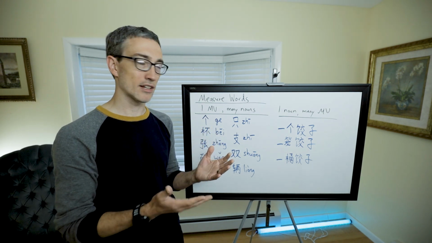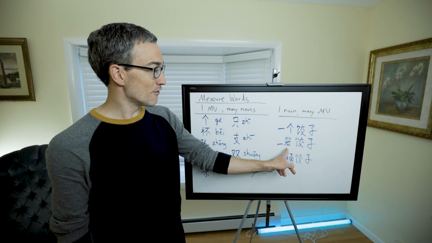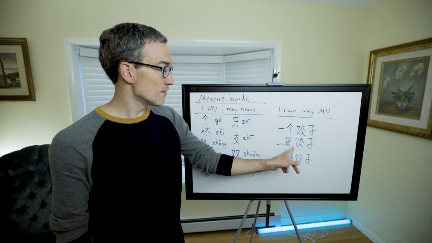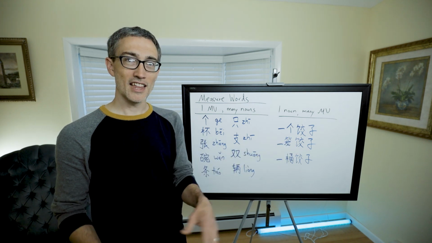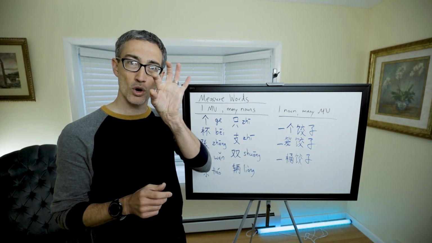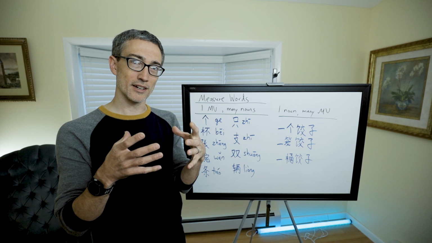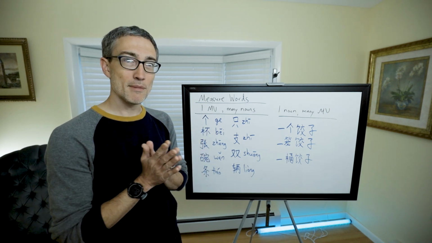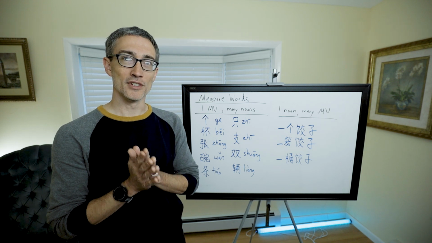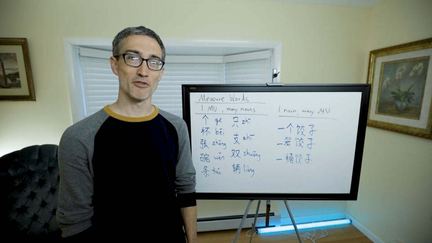But if you want to buy a 笼 of 饺子, but you don't know the measure word 笼, and instead you say 个, that would be confusing because you might end up buying one 饺子 rather than a serving size. So there you go. That's how measure words work. I hope that's helpful for you and clears things up for you.